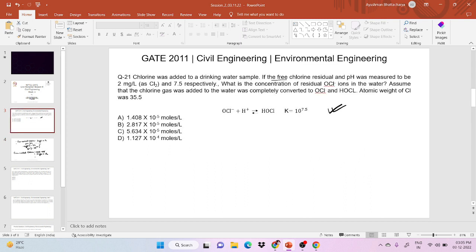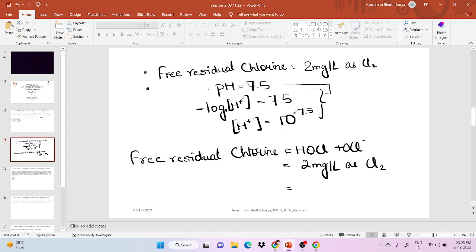If you look at the answers, they are represented in terms of moles per liter. So we will calculate this in terms of moles per liter. To calculate moles per liter, since 2 milligram is Cl2, we have to divide it by the molecular weight of Cl2.